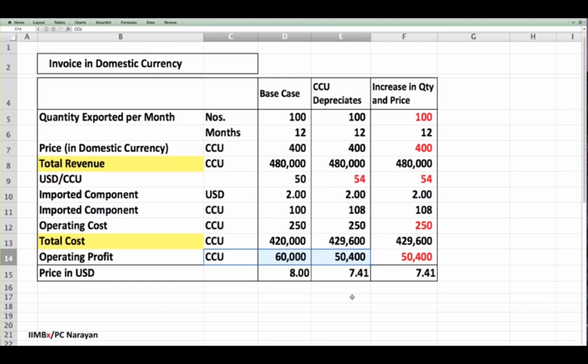It's important to note that the American importer is at a tremendous advantage because of this, because whereas earlier his cost of importing was 8, now his cost of importing is only $7.41. All the loss arising from this depreciation of the CCU therefore has been taken by the Utopian exporter.